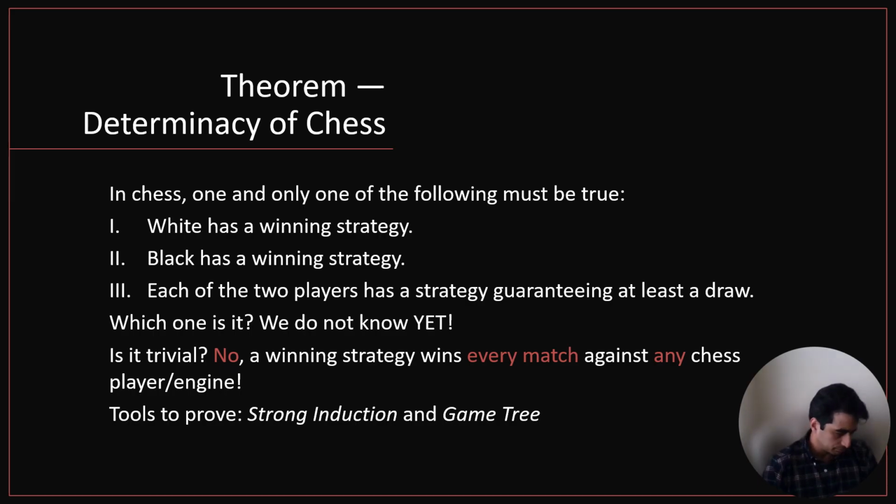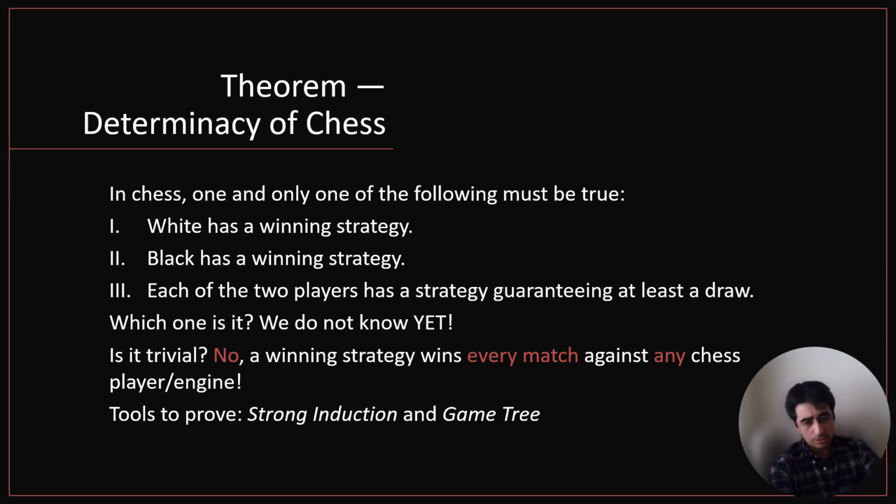That means even the strongest chess engines in the world cannot guarantee a win for white, or a win for black, or a draw. It shows you how complicated the game of chess is.